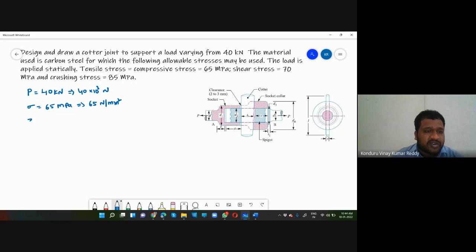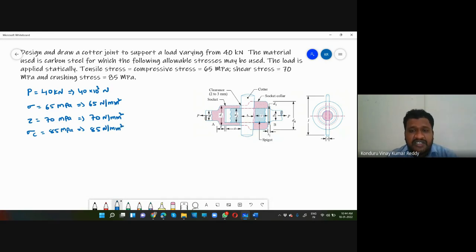Shear stress, tau, is given as 70 megapascal, which is 70 Newton per millimeter square. Crushing stress, sigma C, is given as 85 megapascal, which is 85 Newton per millimeter square.